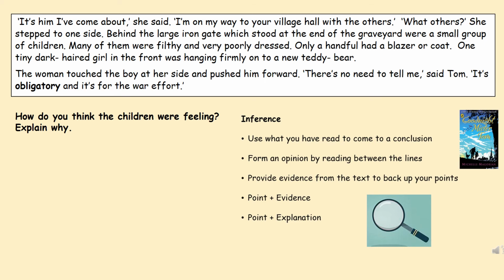Only a handful had a blazer or coat. One tiny dark-haired girl in the front was hanging firmly on to a new teddy bear. The woman touched the boy at her side and pushed him forward. "There's no need to tell me," said Tom. "It's obligatory, and it's for the war effort."